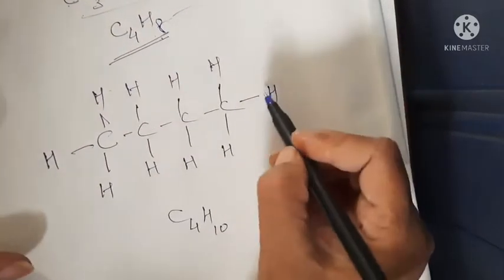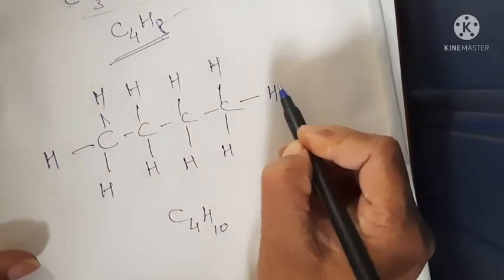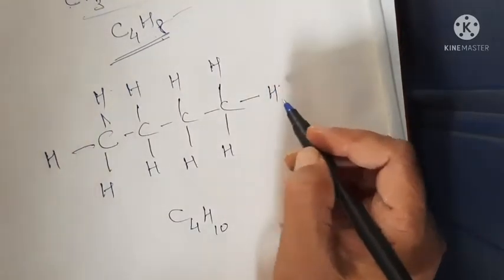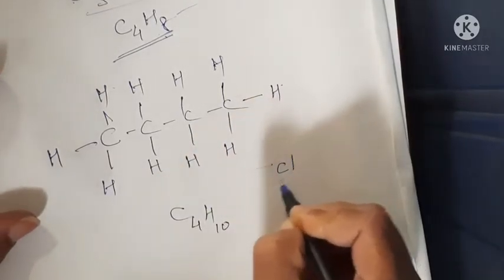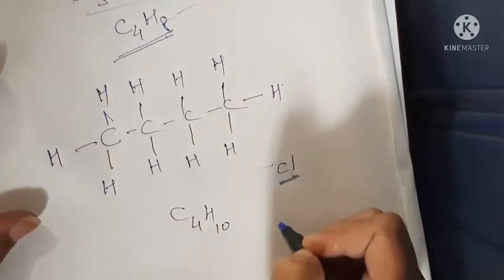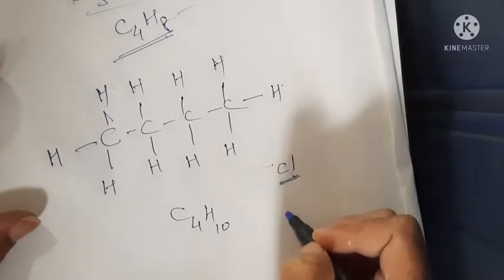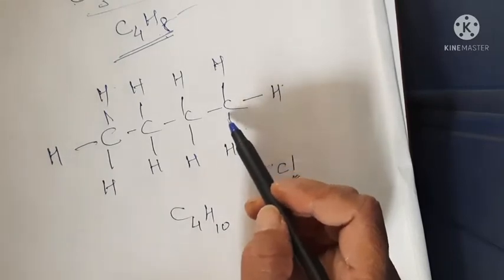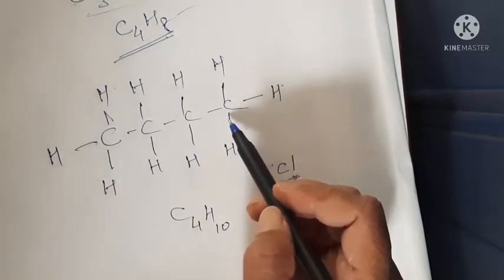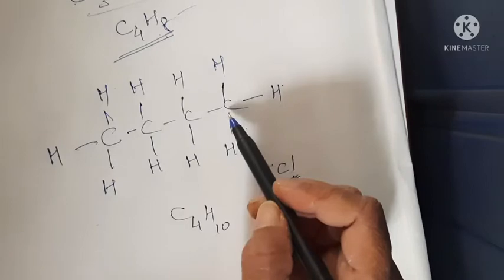Now students, if I remove this hydrogen, or I will not remove this hydrogen. Now in this butane, I want to include chlorine. I want to add this. So what should I do then? If I add chlorine, then the valency will not be satisfied. Then there will be 5 valence. Carbon has 4 valency, so valency will not be satisfied.